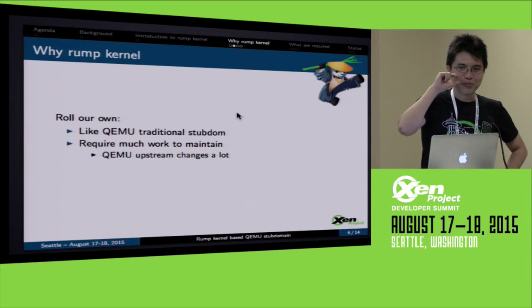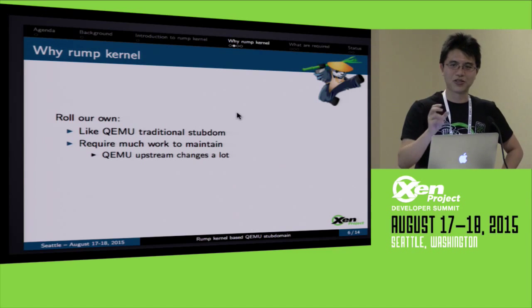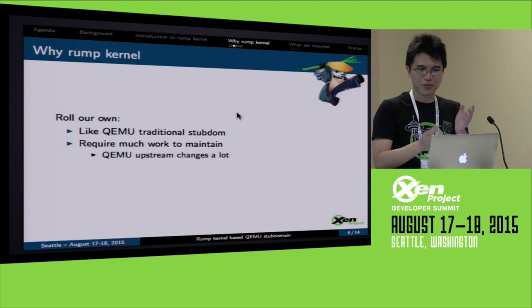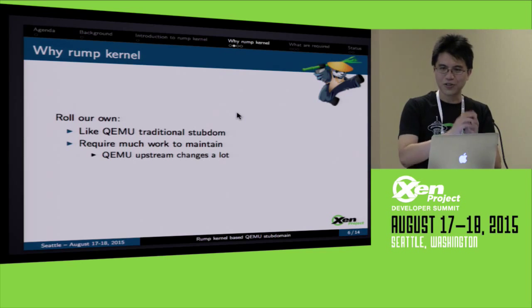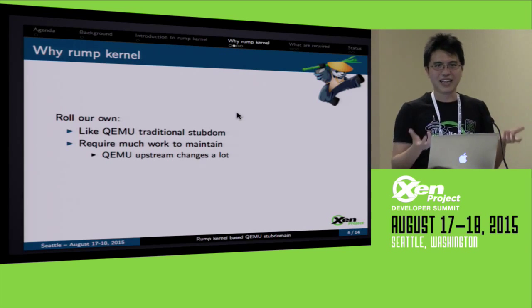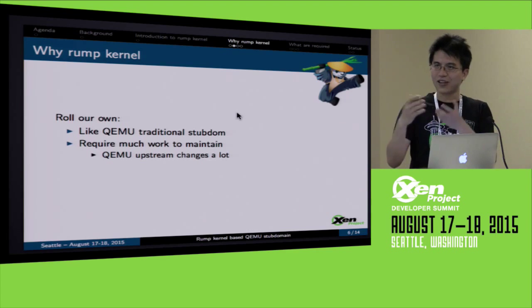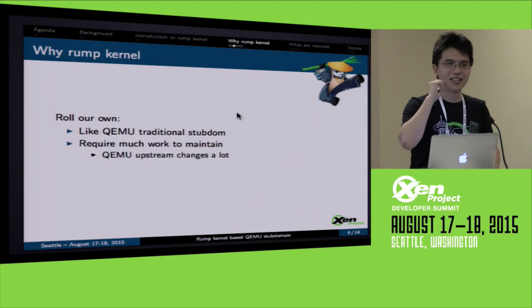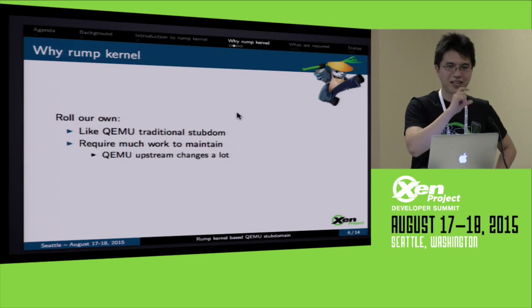Then we put some more hacks into QEMU traditional, the fork we have, to hook it up to all those pieces of code. And then we have some other code in our toolstack controlling library to hook it up into mini-OS. And then this pile of messy code, we pull them together and compile it into a domain image, a kernel that can be built by the Xen toolstack.